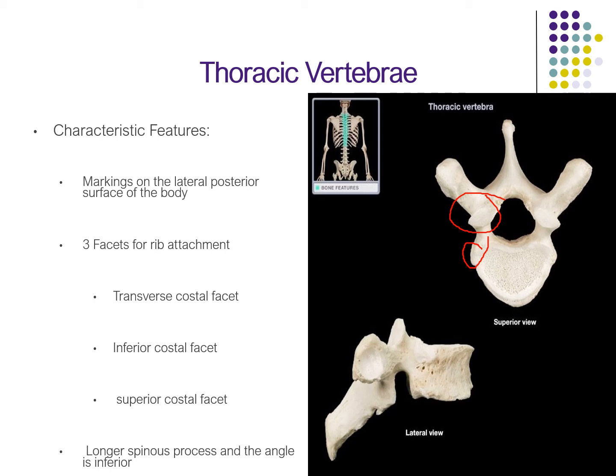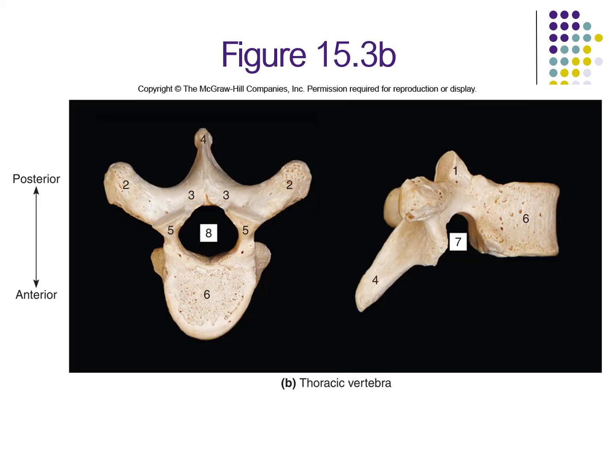So the thoracic also has a larger spinous process, and the angle is inferior, or pointed downward. So this is a very good example of how the process points downward.